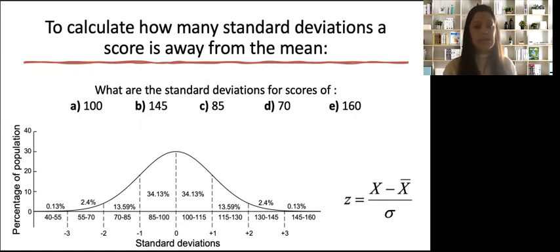You have 3 standard deviations. Or you know that one standard deviation is 15. So if we have 145, that's 15 times 3, right? So 3 standard deviations. And hopefully from that you can figure out C, D, and E on your own. Okay, so you can do this either by doing the math or by just looking at the picture that I've given you.